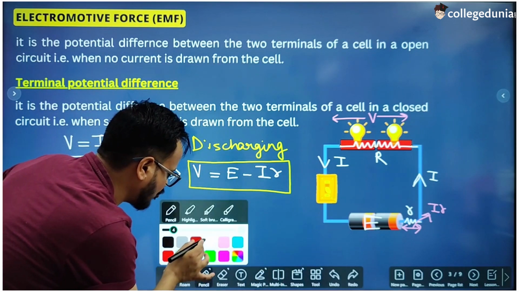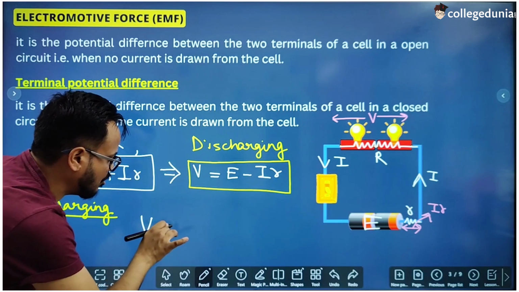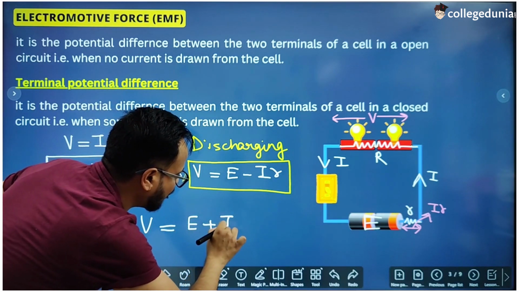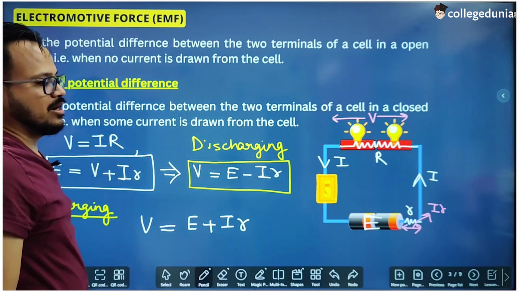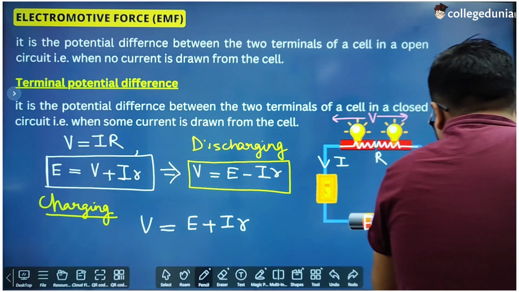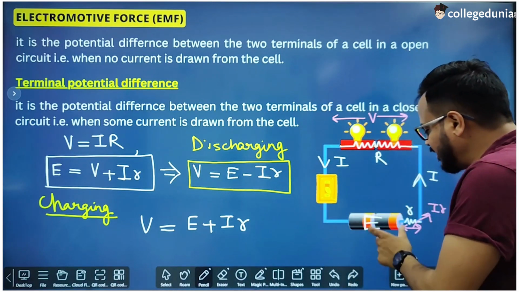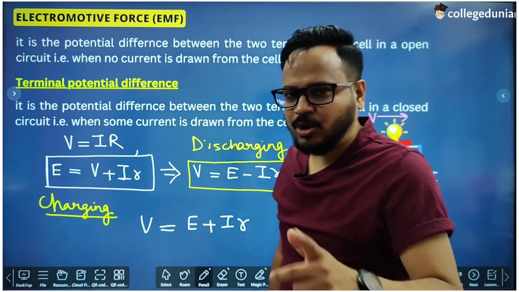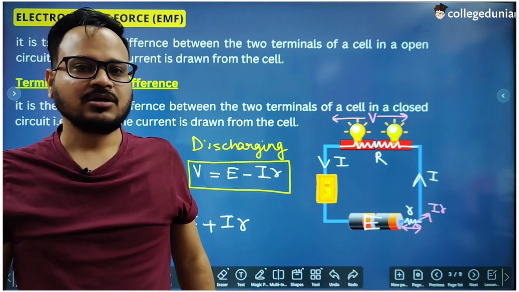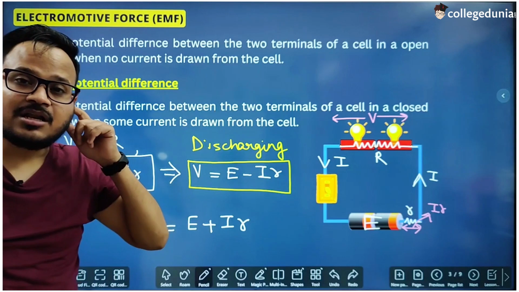If you flow the current in the opposite direction, then instead of I you take minus I, so the equation becomes E plus Ir. Say the potential drop across the cell is 0.1 and the EMF of the cell is 1.5. Then you have to give a potential difference of 1.6 to charge this cell.